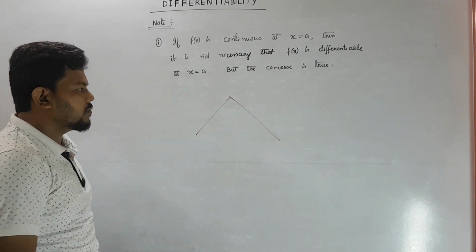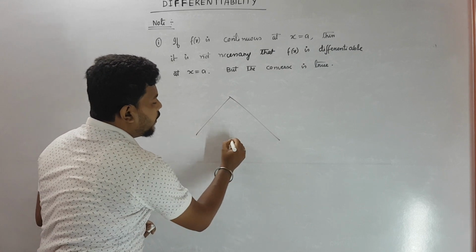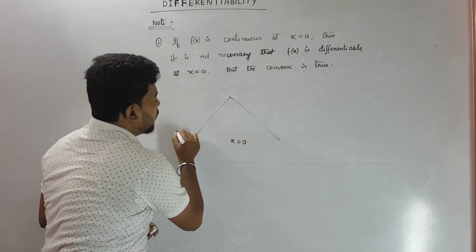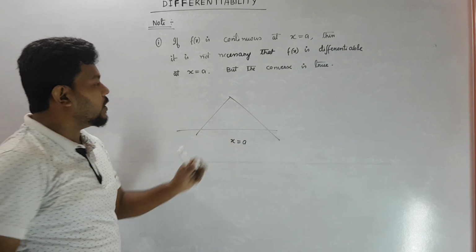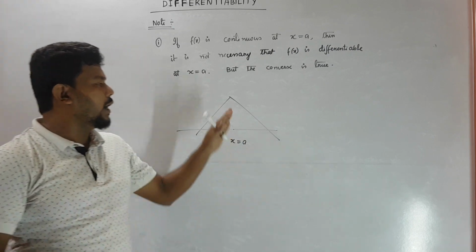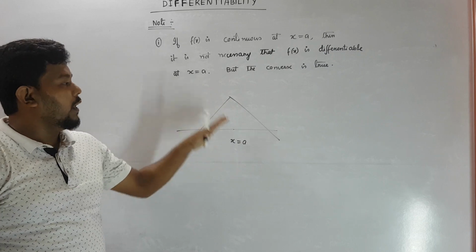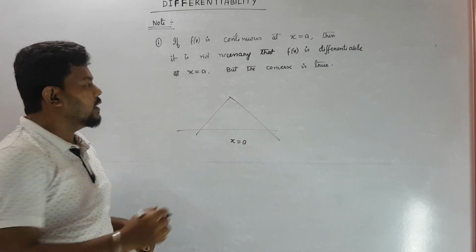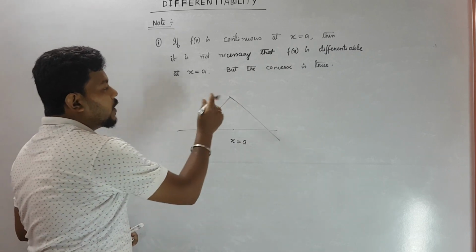this is a function where at x equal to a the function has a sharp edge. At this point you cannot draw a unique tangent, because there is the possibility of drawing more than one tangent.